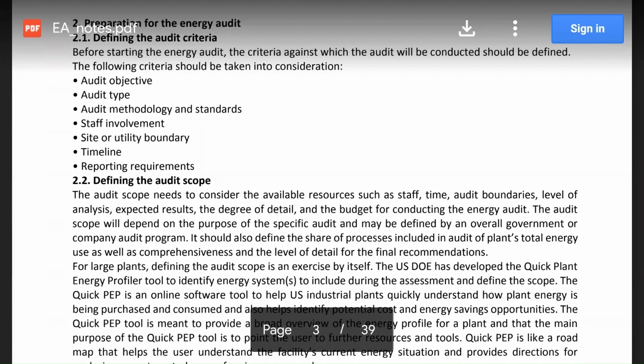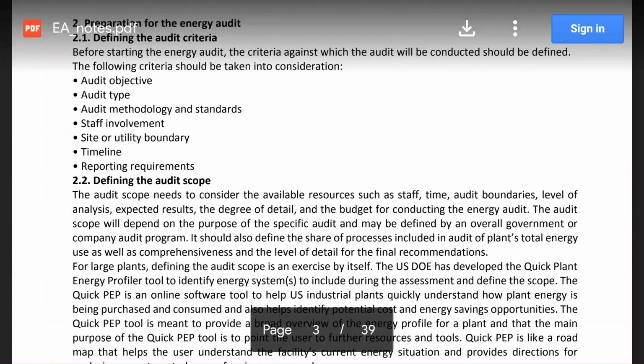Second is the audit type, which type of audit they would like to undertake from the agency. The agency or the team could be in-house or an externally hired agency, government or private. The audit type can be a walkthrough audit, which was discussed in the last class also, in which no detailed measurement is taken and the time required is less, and as far as financial undertaking is considered, it is calculated on the basis of simple payback period.